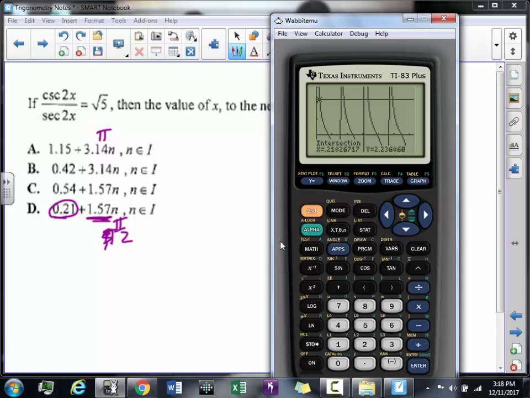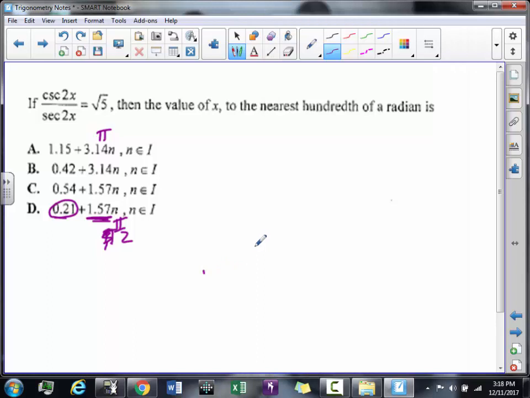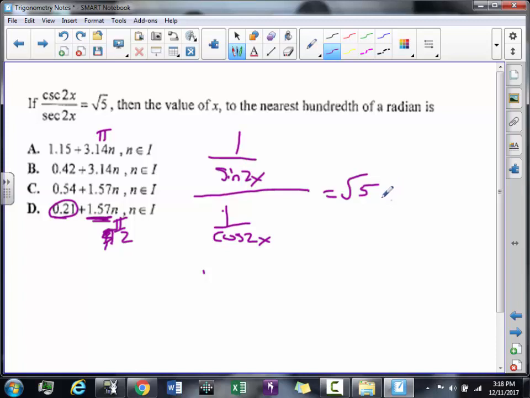Okay, let me try one more way of solving this. What we could do is say it's 1 over sine of 2x divided by 1 over cosine of 2x equaling root 5. I know that seems kind of dumb.